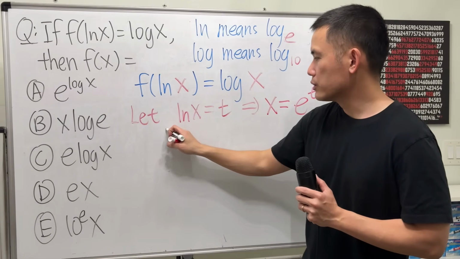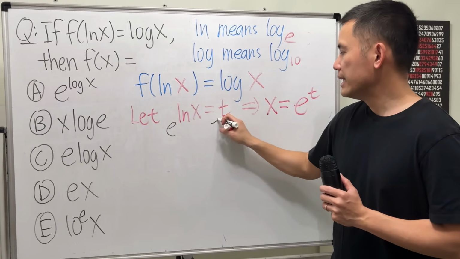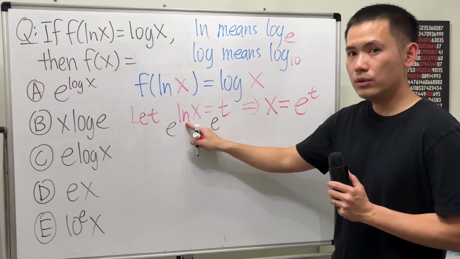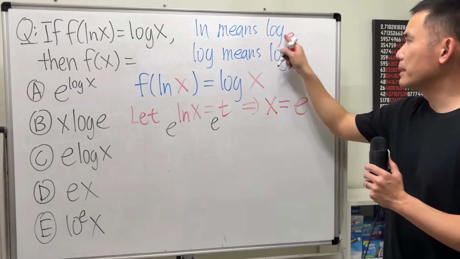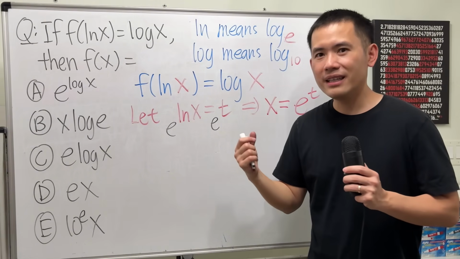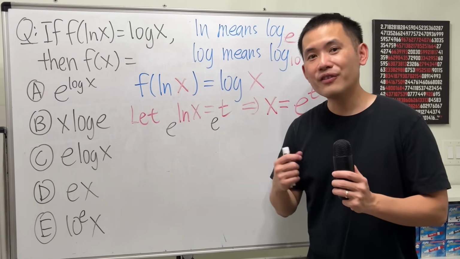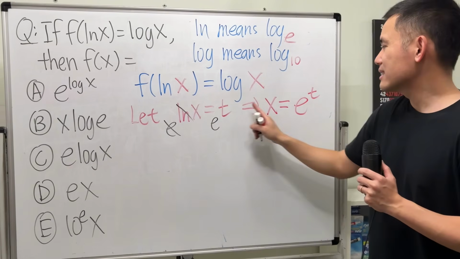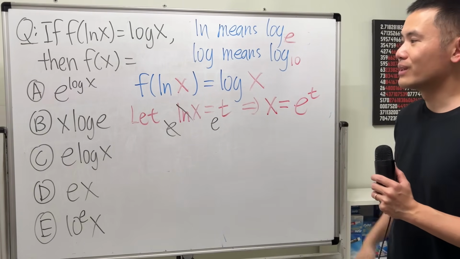Because imagine if I just do e to the ln x power and then e to the t's power. On the left hand side, e and ln cancel because ln has log base e. And that's the log property and exponential functions property. They're inverse functions of each other. They can cancel each other out. That's how we get x is equal to e to the t's power.